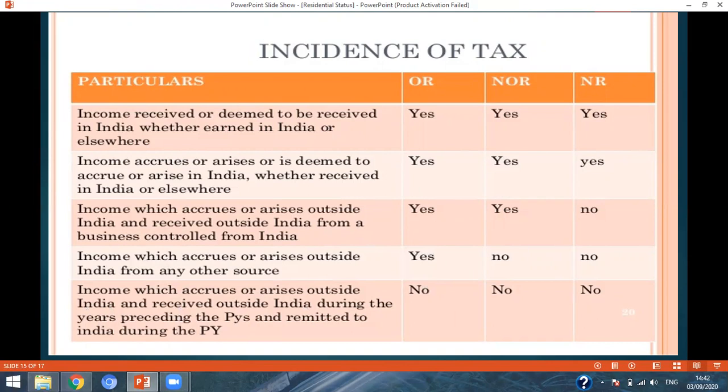So please remember it very carefully and try to solve this kind of other sums also. So this is the last method of our residential status. Do practice with your own examples also, and if you find any difficulty, please let me know.